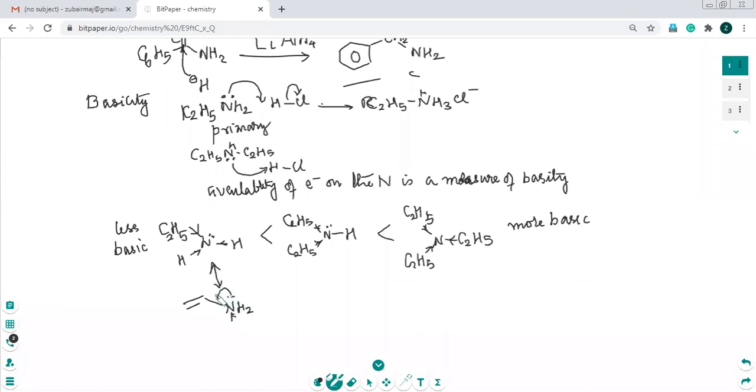You can see here. See this. So if you have a double bond, the electron density is lost. So this is less basic.